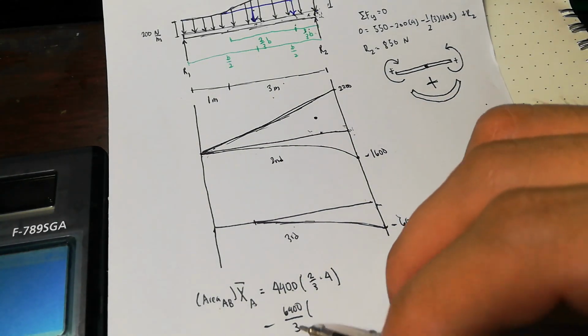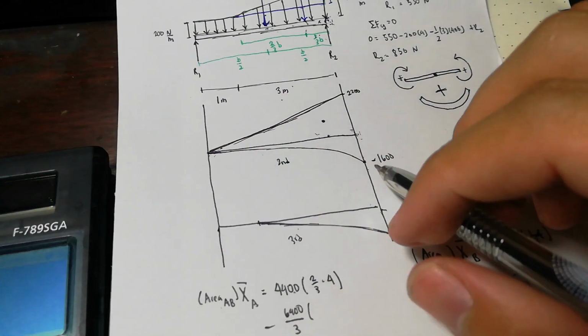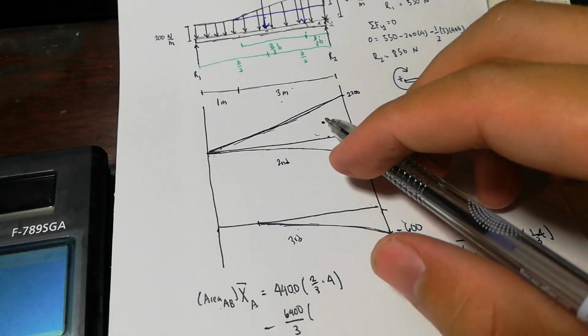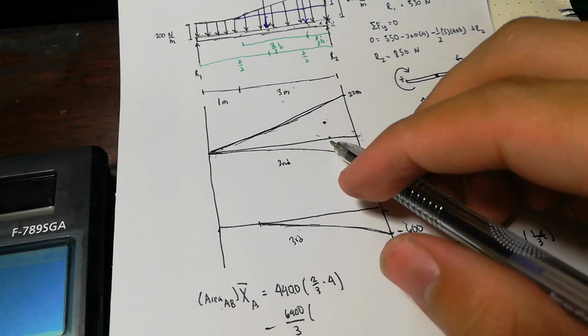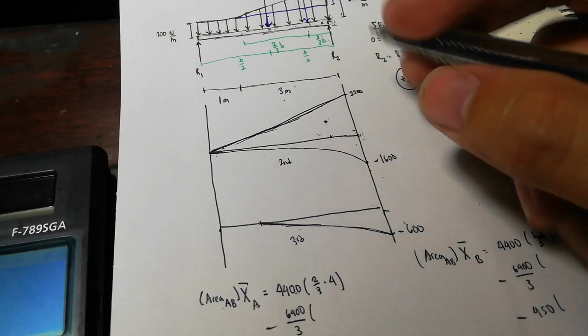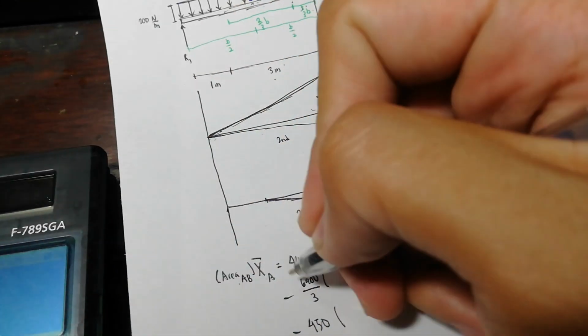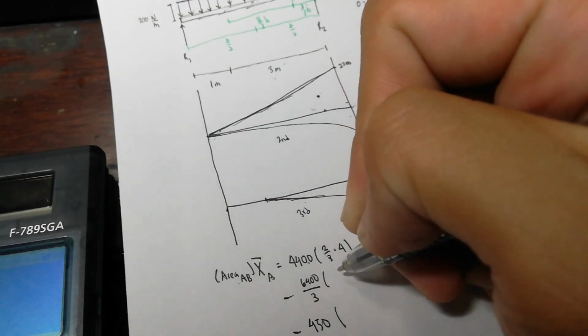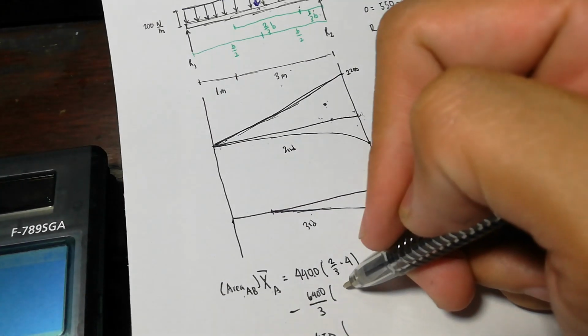Then para naman sa ating second degree curve, kung dito ay 1/3 from the highest point, dito naman is 1/4 from the highest point. So ito ay 4 meters, so 1/4 ng 4.